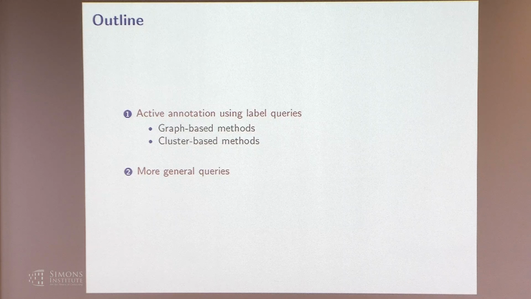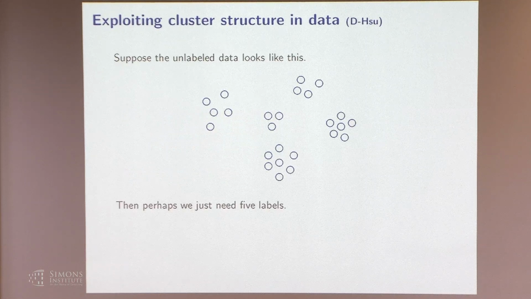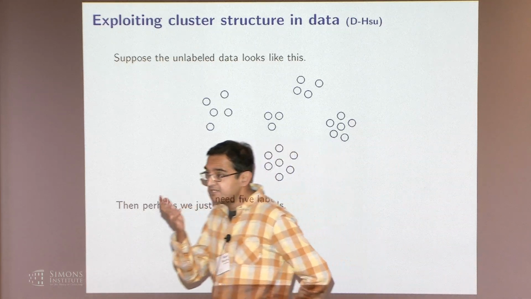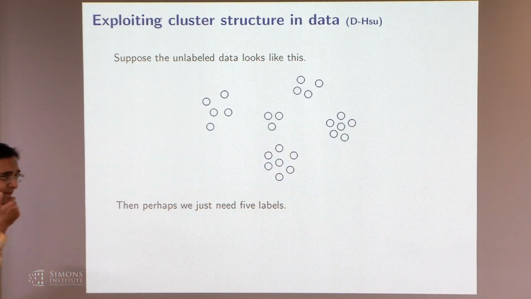...quite successful in active learning. And here the theory and practice are perhaps a little bit closer. These methods are just childishly simple. So this was a method that I suggested with Daniel Hsu about 10 years ago.